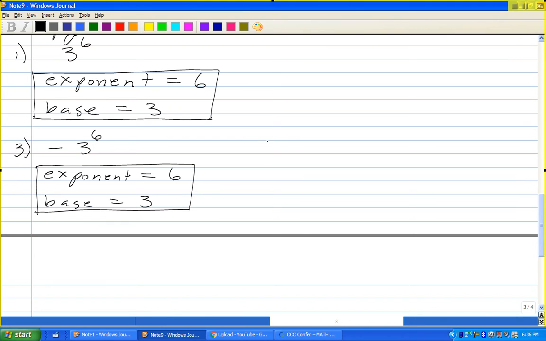Note: negative 3 to the 6, you multiply 3 six times, and then you negate.